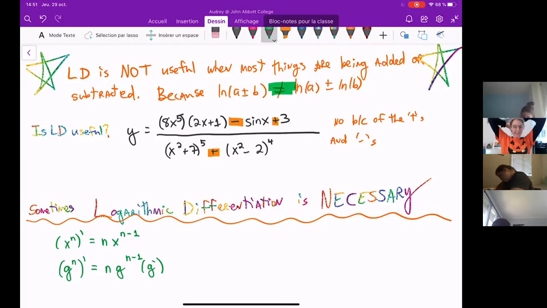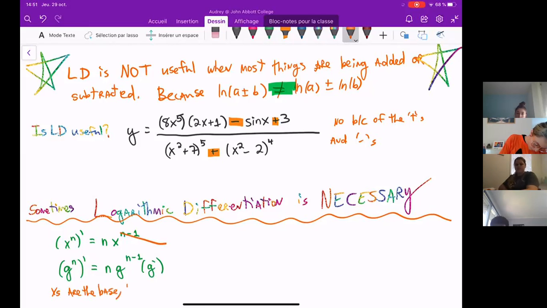In both of these, my x's are in the base. So we use this power rule when my x's are in the base and the number is the power. We also have this rule right here, a to the x. What's the derivative of a to the x?